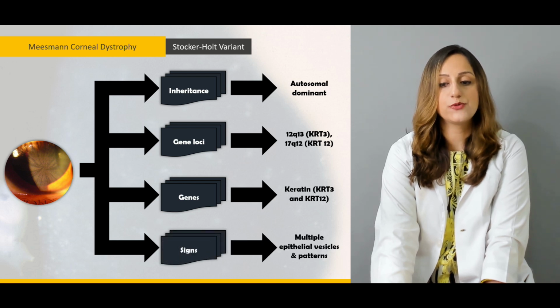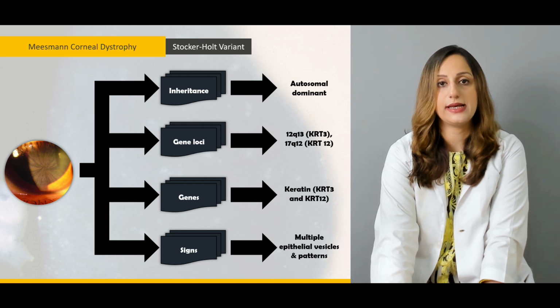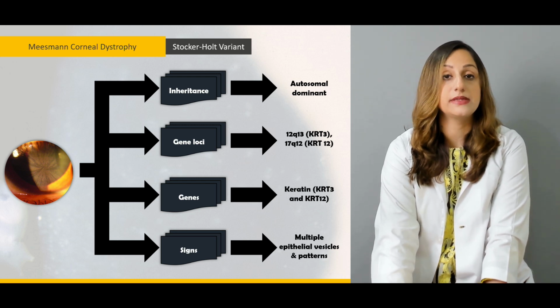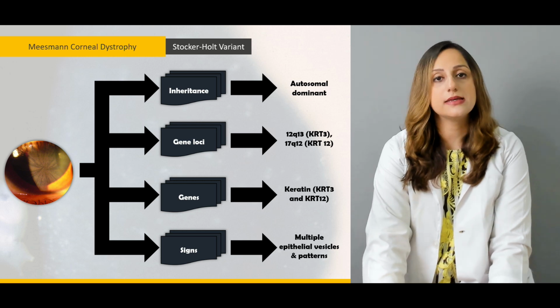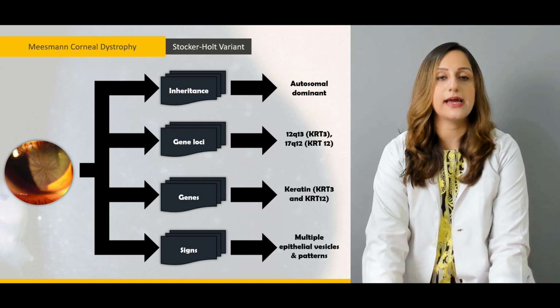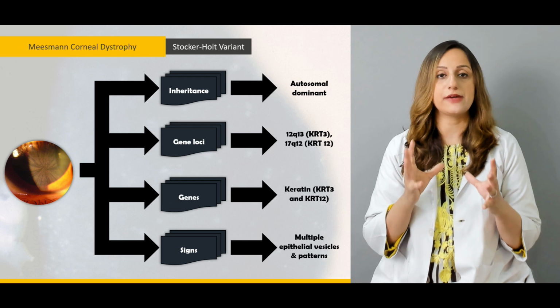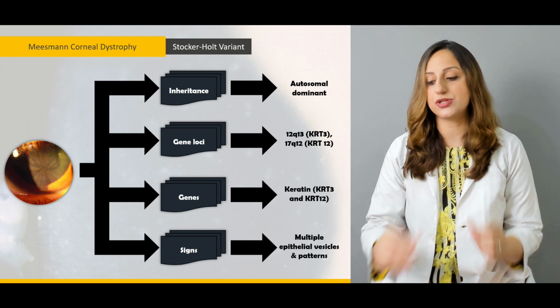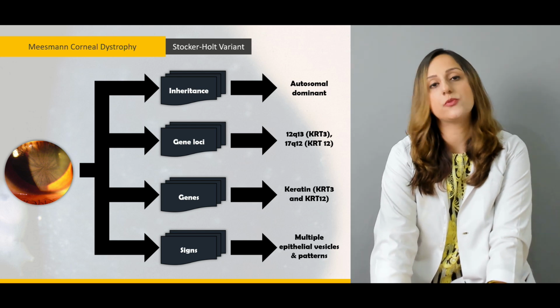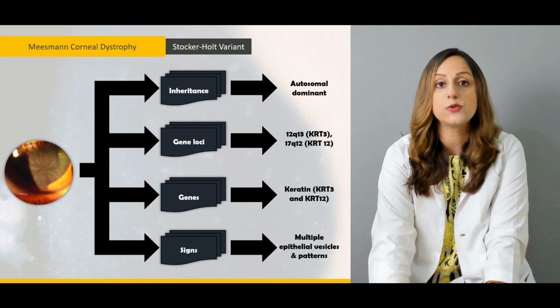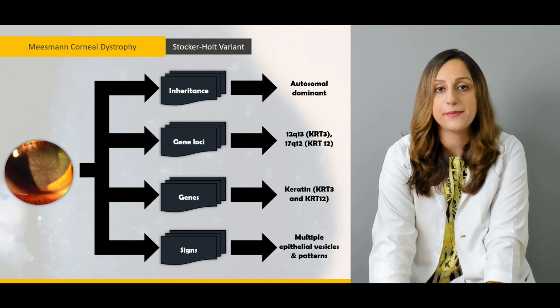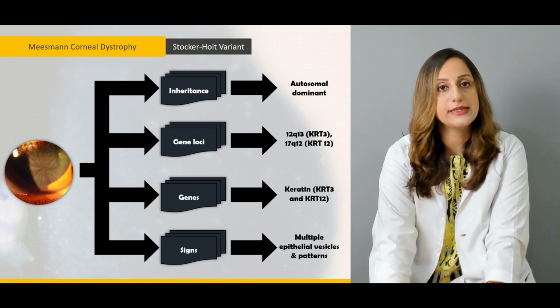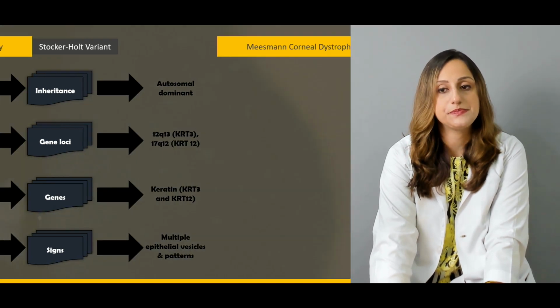The signs that would be noted are the multiple epithelial vesicles as well as the pattern. Again, the dotted pattern is the basic variant, and you could remember the clinical picture that I've already shown you. The dotted pattern is the major presentation, basically the epithelial vesicles giving off that dotted pattern when you're observing the patient under a slit lamp.